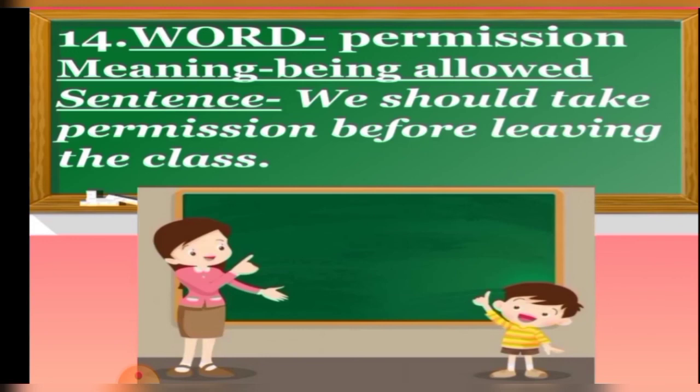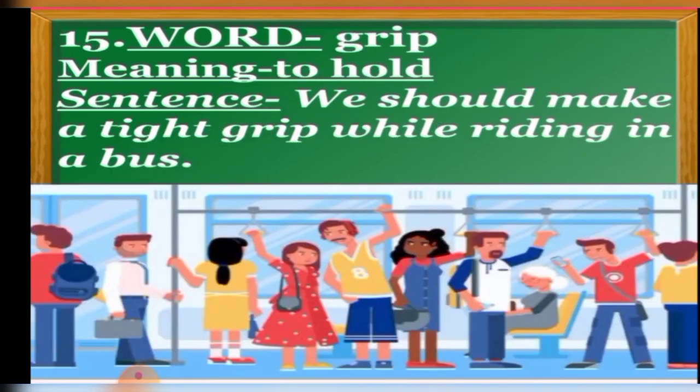Next word is permission. Being allowed. We should take permission before leaving the class. Last word is grip. It means to hold. We should make a tight grip while riding in the bus.